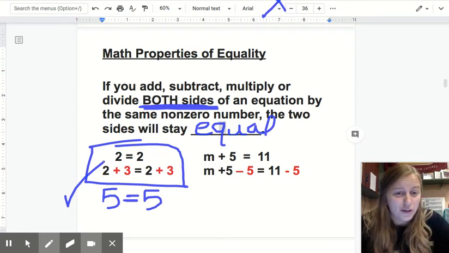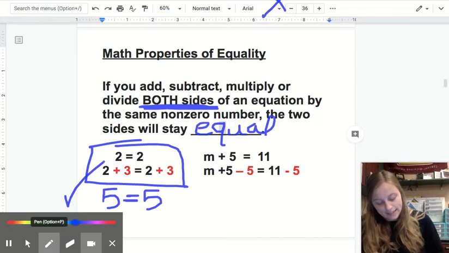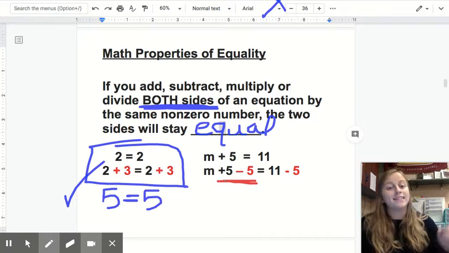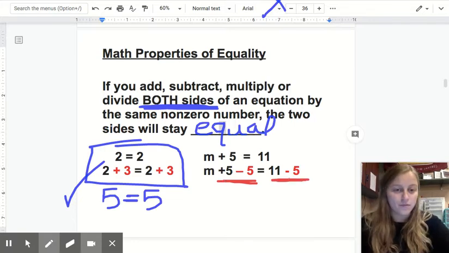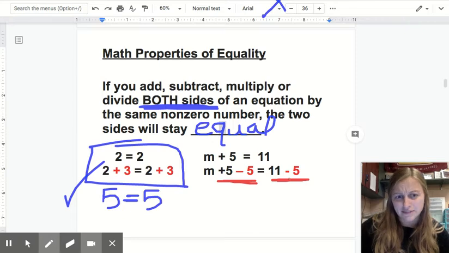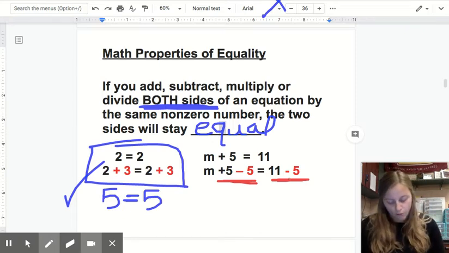This works with variables and algebra as well. So in this example, you can see that I subtracted 5 from this side, which means I have to subtract 5 from this side, because then they're still equal. Well, a plus 5 and a minus 5 cancel each other out.